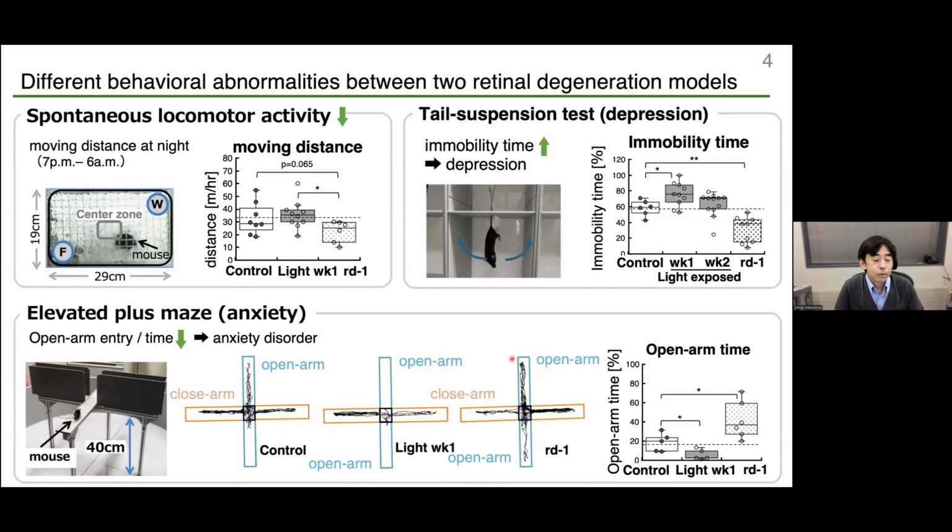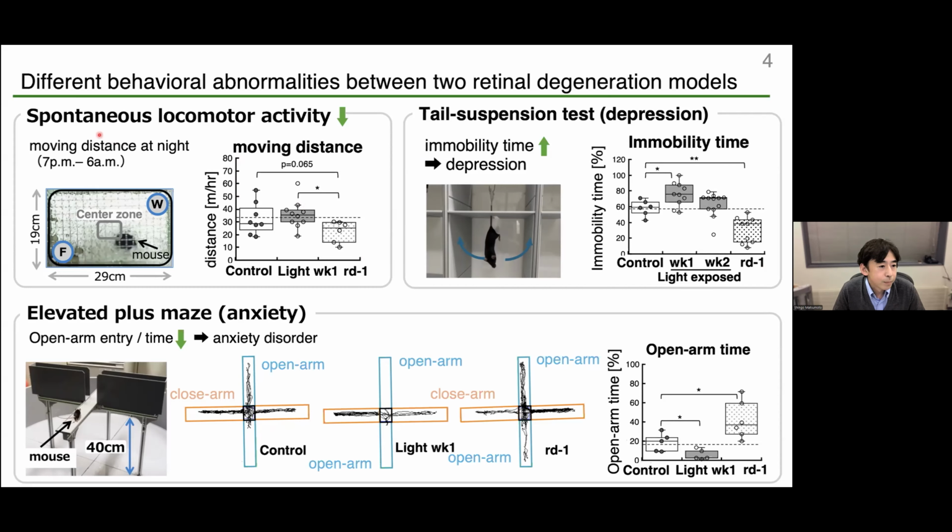To investigate the neurological abnormality induced in these model mice, we conducted three different behavioral tests. An interesting point is that these two retinal degeneration model mice showed distinct patterns of behavioral abnormalities.